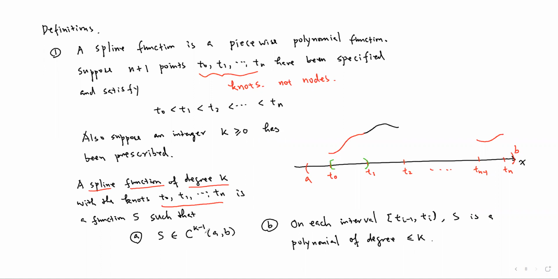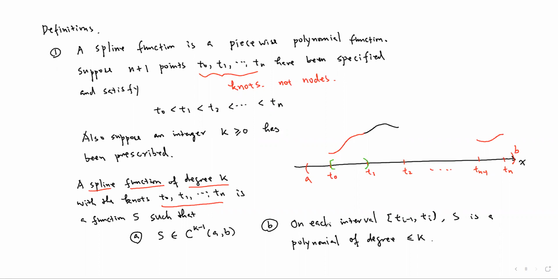This condition says that globally, the function S is smooth of order k minus 1, can take derivatives up to order k minus 1, and all the derivatives are continuous.